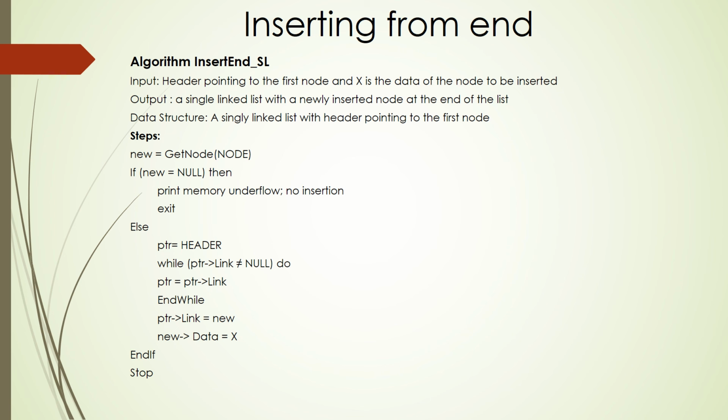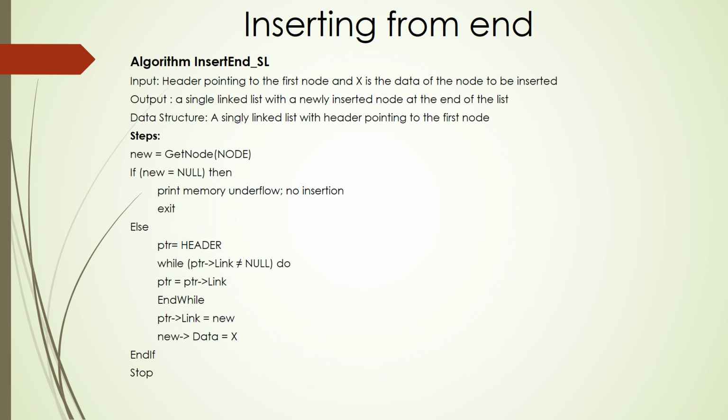Now you have to start traveling through the nodes. How can that be possible? You have to travel till the node where the value in the link field is null. So you will travel till ptr link is equal to null, not till ptr is equal to null. If you do that, you will come out of the existing list and you cannot perform the process.